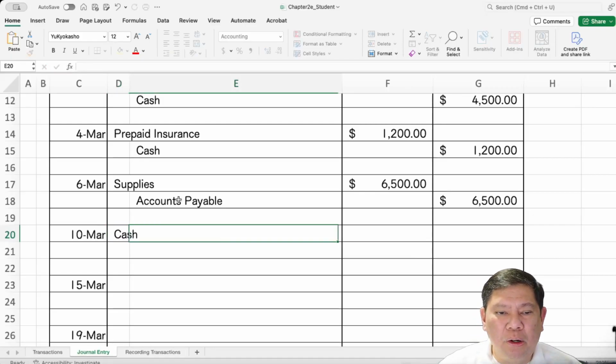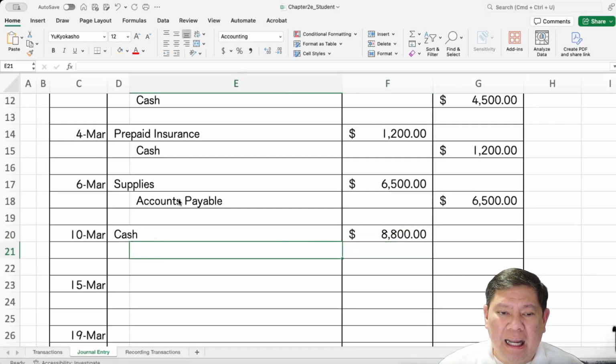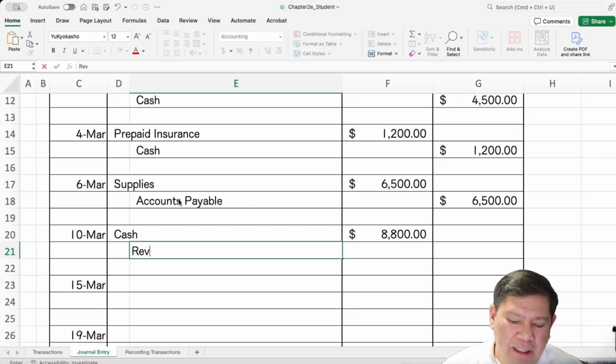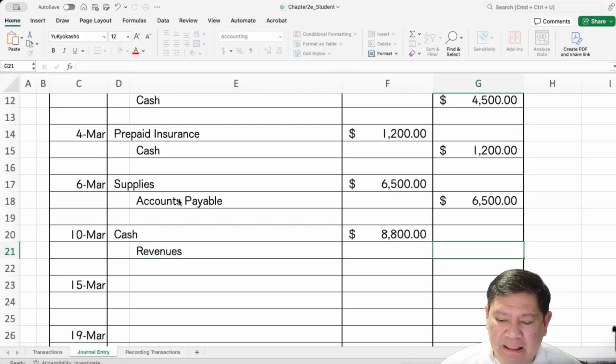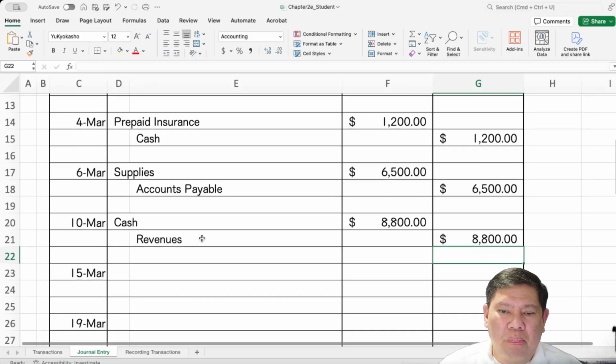So cash goes up by $8,800 because we receive cash, and revenues is recognized because the company has already provided the service. Once a company has delivered the product, the company can recognize revenues.